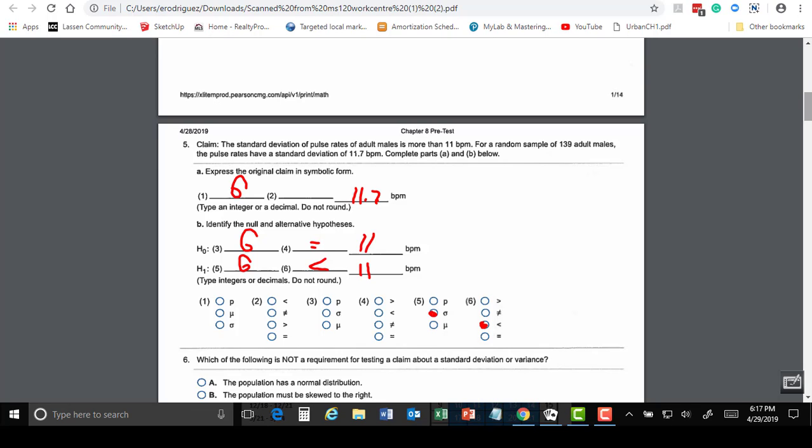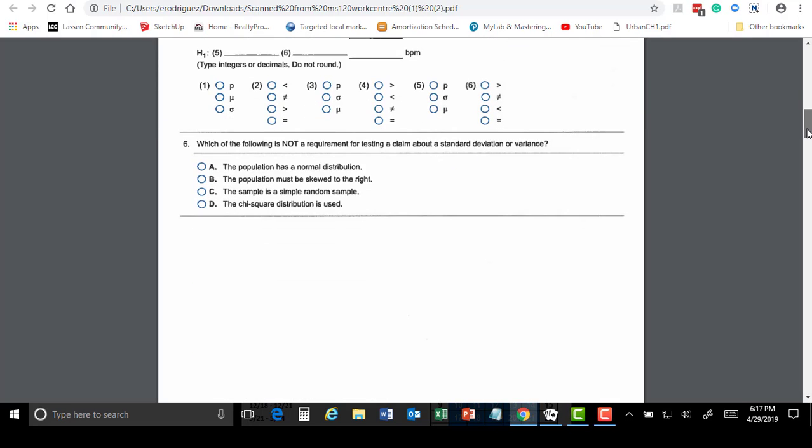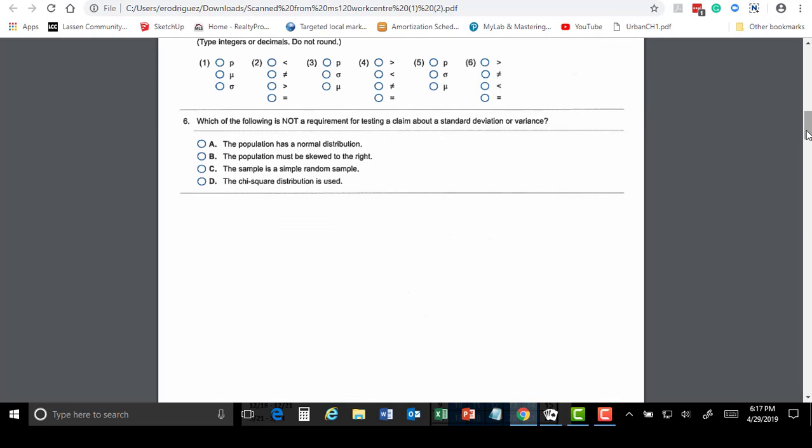Now, if we look at that and then we say, okay, are we okay with that? Okay, we go here. This is, which of the following is not required for testing a claim about standard deviation? What is not required? Well, let's see.